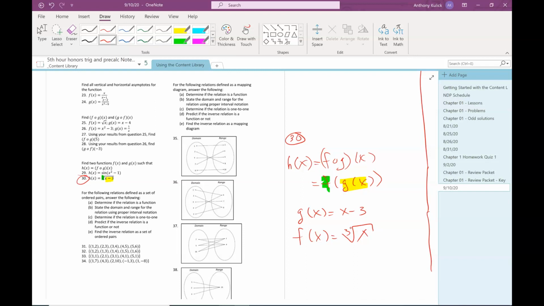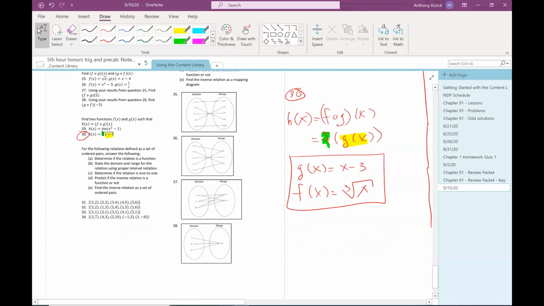Does that make sense, Josh? Yeah. Okay. There are lots of answers you could have put here. This is not the only unique answer. I think this is the obvious one. There's one answer that works for every one of the problems, no matter how I constructed this. It's the cheat answer, but you could pick g of x to just be x and f of x to be h of x, or vice versa.